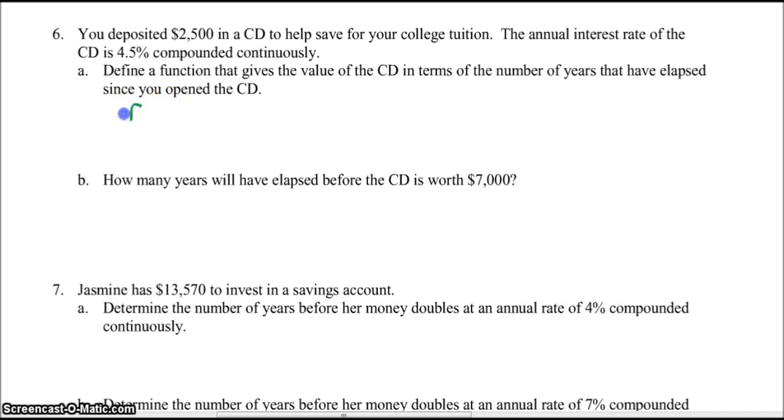So in general, the continuously compounding formula is our future value, let's call it A, equals the principal times e to the interest rate and the time in years.